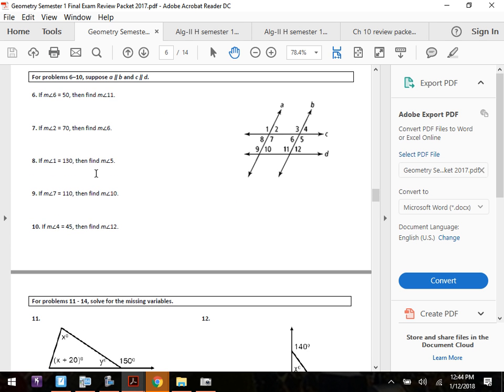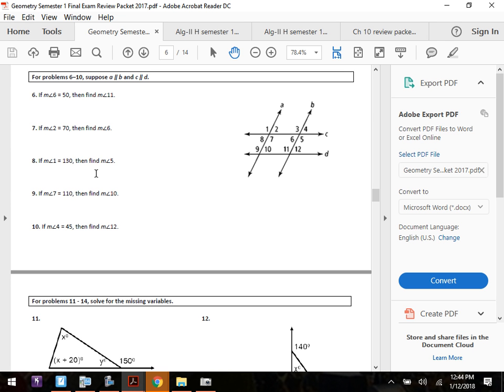If angle 6 is 50, what's 11? No, it's 130. I get it. I'm sorry. If angle 2 is 70, what does angle 6 have to be? 70. If angle 1 is 130, angle 5 has to be 130.